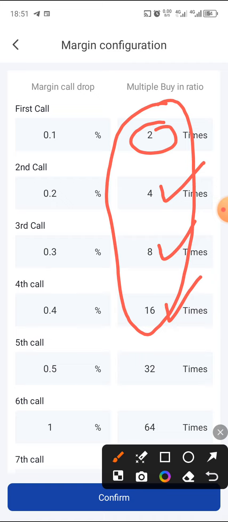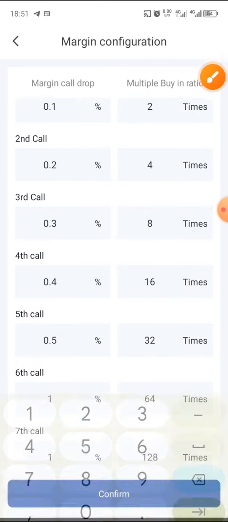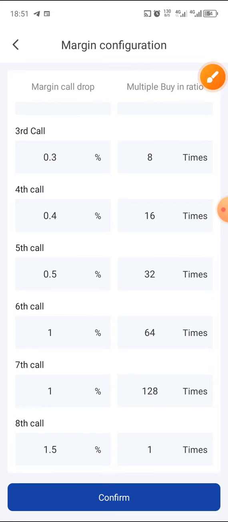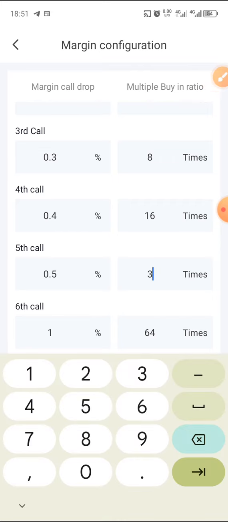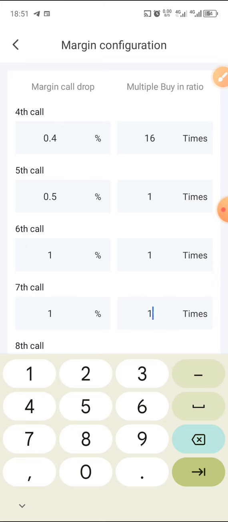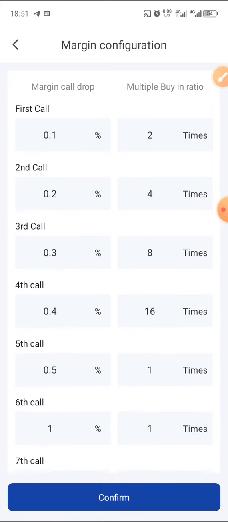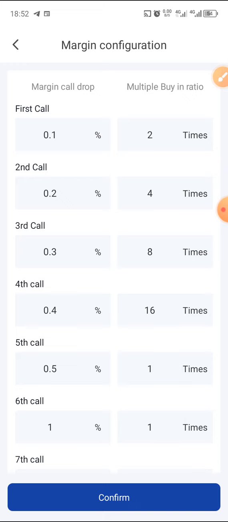And from the 5th margin call, you can put 1, 1, 1 throughout. So this is how the double up method works in order to pull the average price closer to the current price.